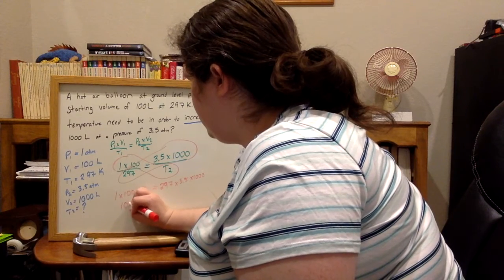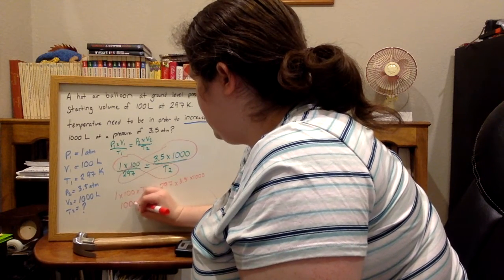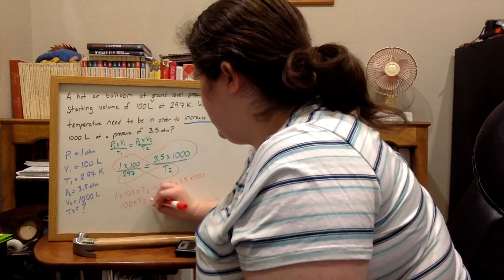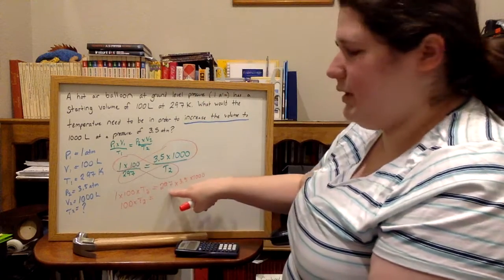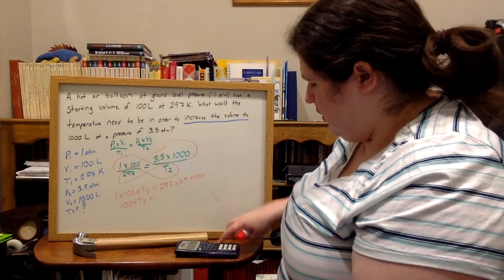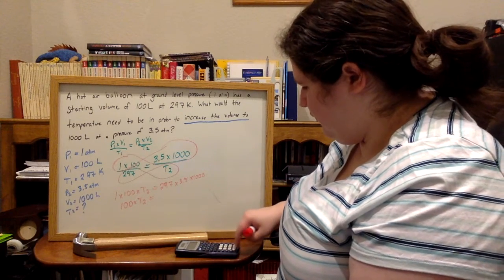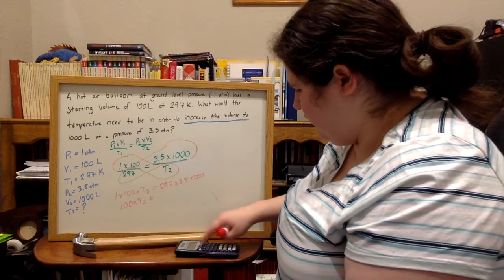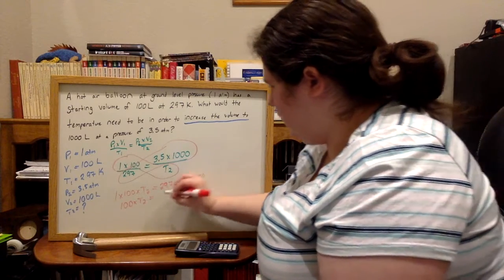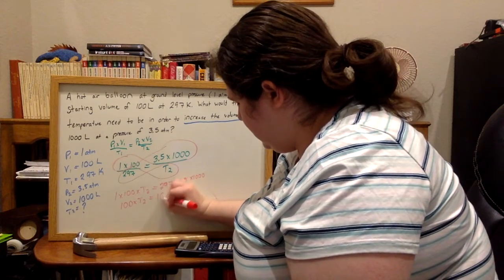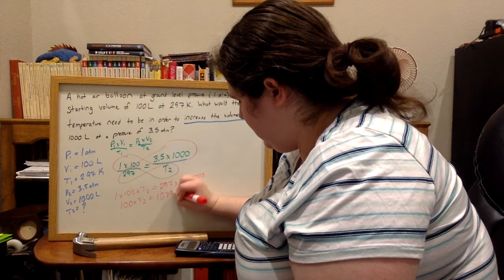So 100 times T2 is equal to 297 times 3.5 times 1,000, which is 1,039,500.